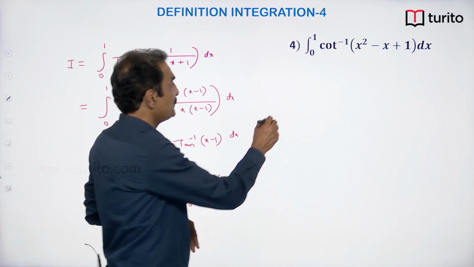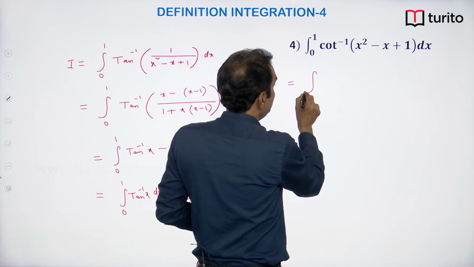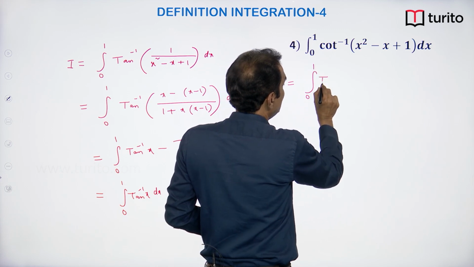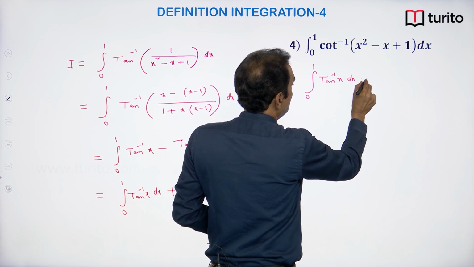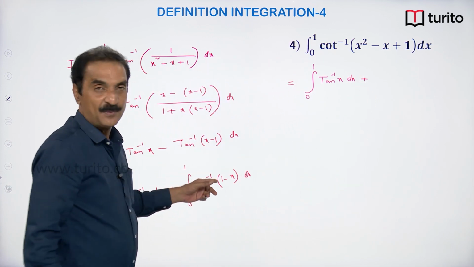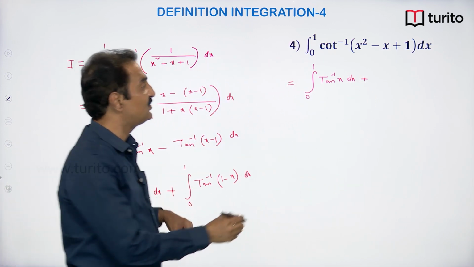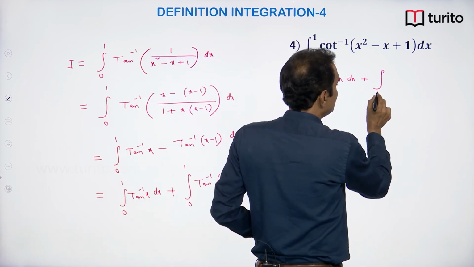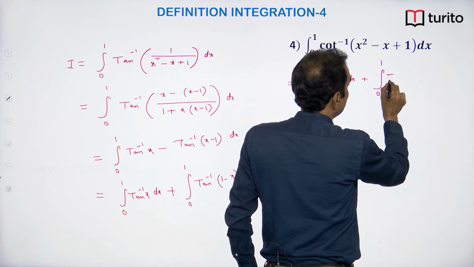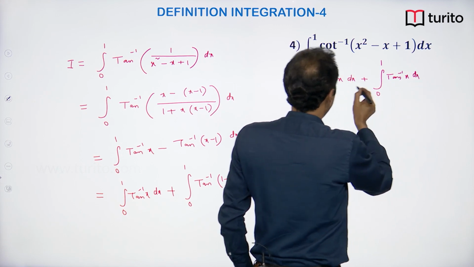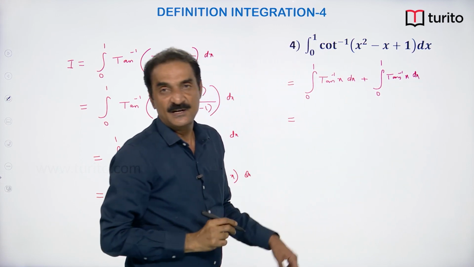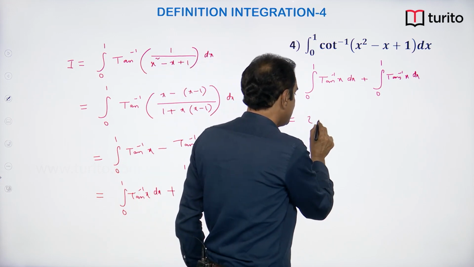So it is equal to integral 0 to 1 tan inverse x dx plus, applying the property, this is also equal to integral 0 to 1 tan inverse x. So it is 2 integral 0 to 1 tan inverse x.